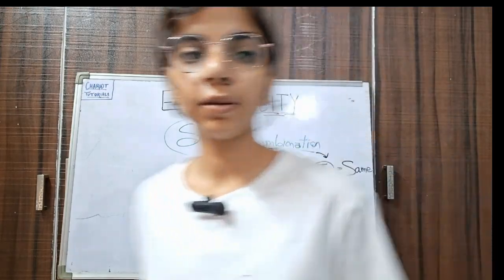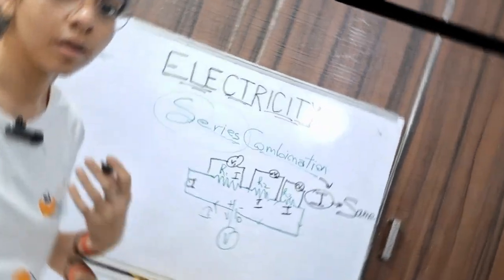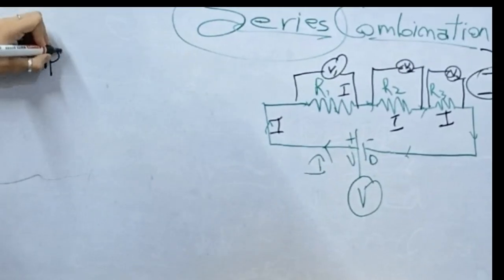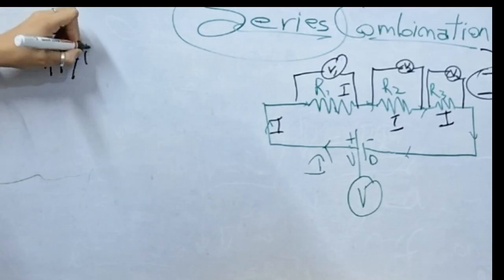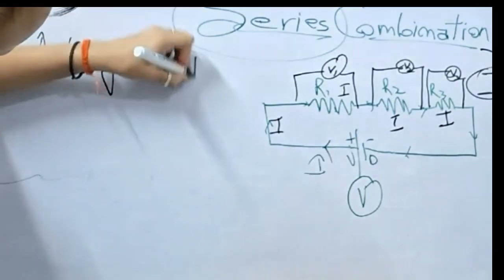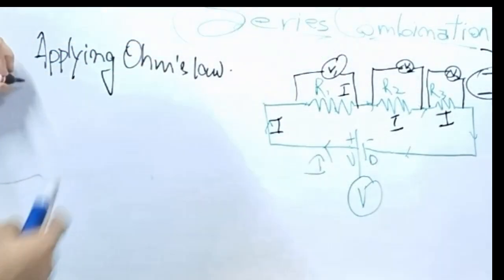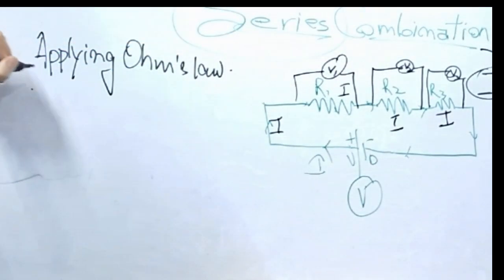Now what we will do, we will apply Ohm's law across each resistance to find out the potential. So applying Ohm's law across R1. जब हम R1 के across potential पर Ohm's law apply करेंगे तो क्या होगा?